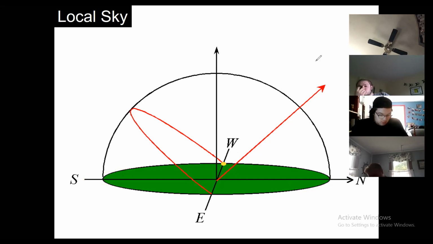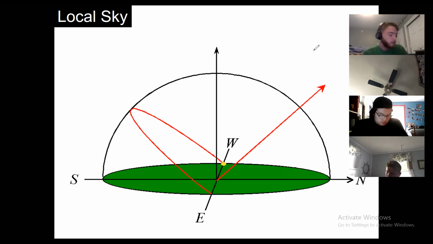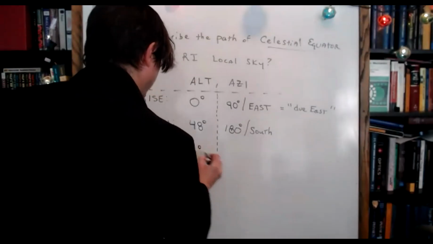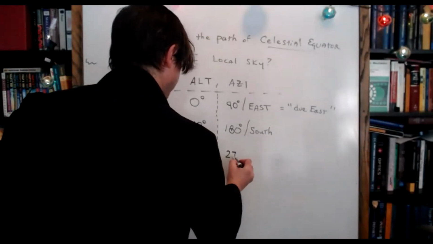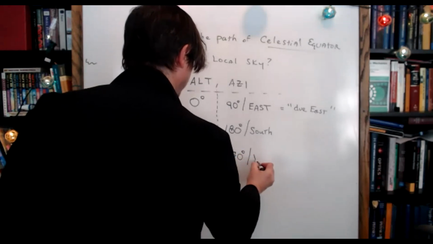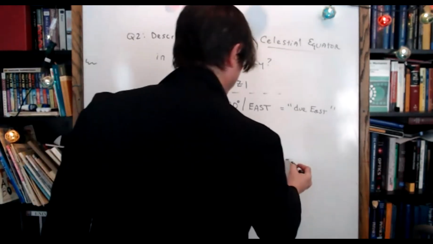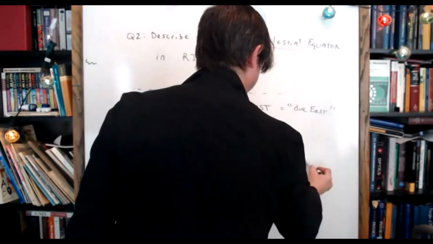Anyone? 0. Yeah, it's on the horizon. So it is no degrees above the horizon. Good. Okay. So the altitude is 0 degrees, 270 degrees, or west, which is due west.